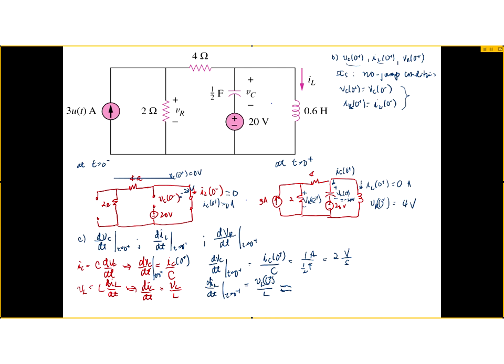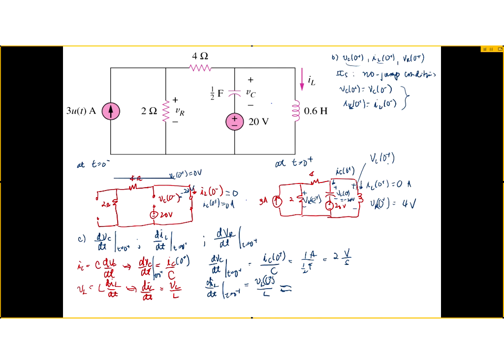If you forgot, you just do a KVL here, right? And the KVL will tell me minus 20 plus VL at t equals 0 plus equals 0. Because the VL at 0 plus is what we're looking for. Remember we established earlier that the inductor's voltage is still 0.